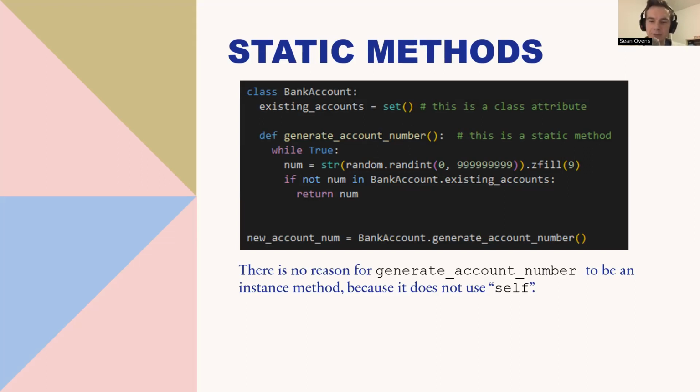This is illustrated here: we're using BankAccount.generate_account_number followed by parentheses to call our static method that's defined in class BankAccount. Self is not automatically passed as the first argument when you call a static method in this way. So I'm allowed to use static methods that have no arguments at all, like this.